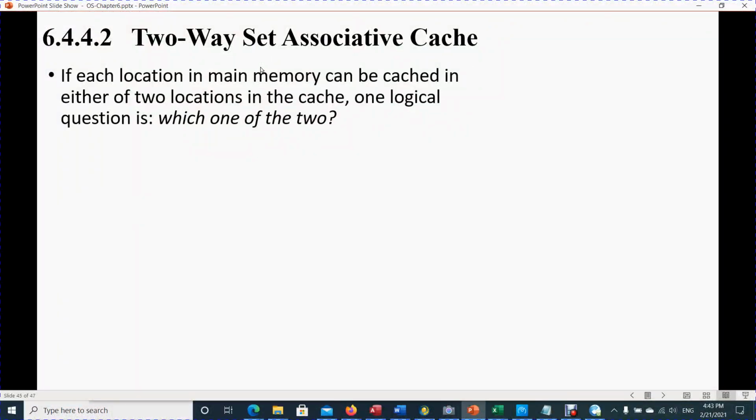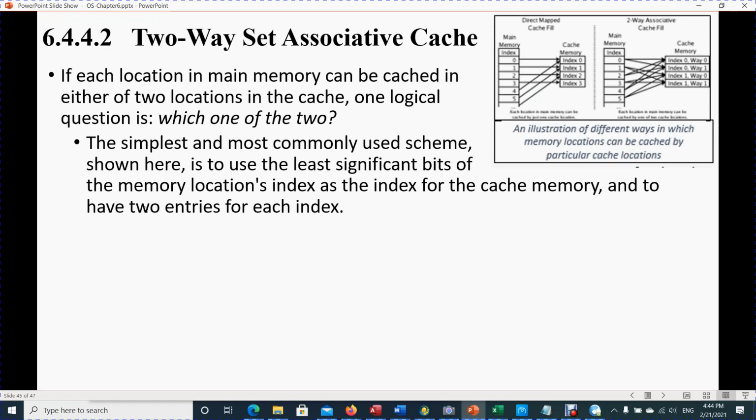If each location in main memory can be cached in either of two locations, then the question is, which of the two? The simplest and most commonly used scheme, shown over here, is to use the least significant bits of the memory location's index as the index for the cache memory, and to have two entries for each index.